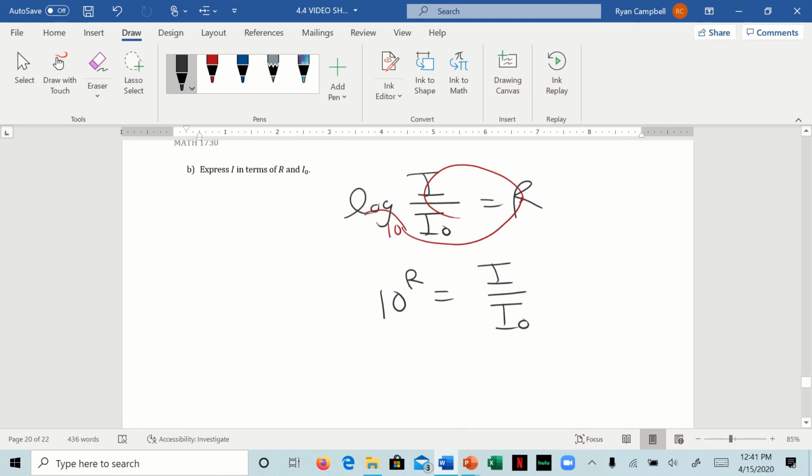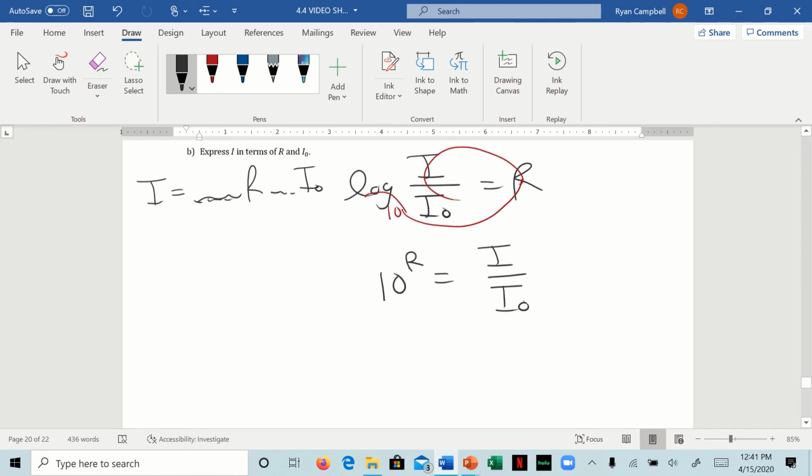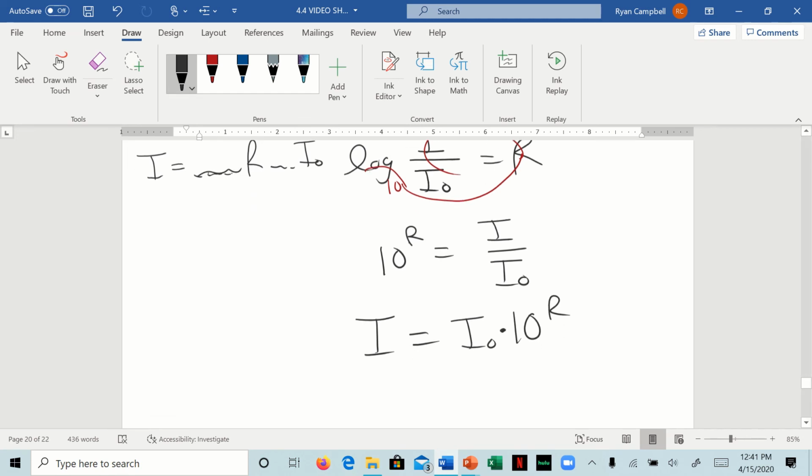Express I in terms of r and I naught. That means I needs to equal something with r and something with I naught. So to get I by itself, we just multiply, right? So I is going to be I naught times 10 to the r. We can write it like that.